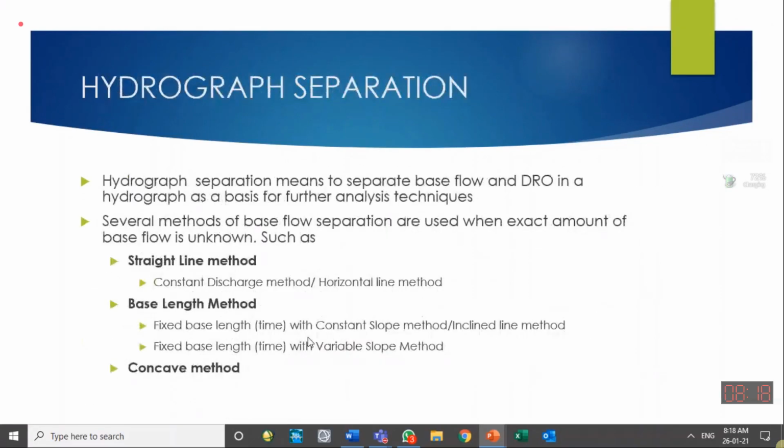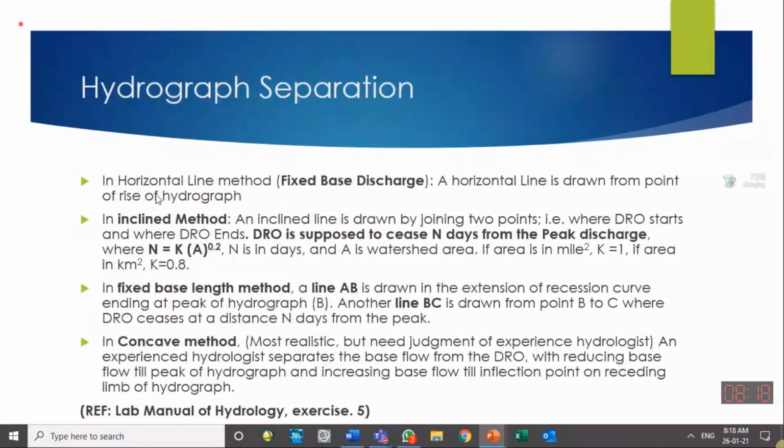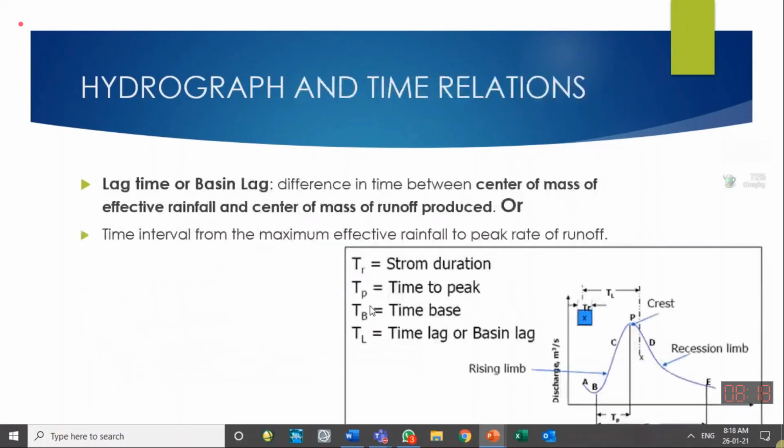The second method is described over here also. In the horizontal line method, a fixed base discharge, a horizontal line is drawn from the point of rise of the hydrograph. If I show it over here, this is the receding limb. In the hydrograph, we see the receding limb when it starts rising up.